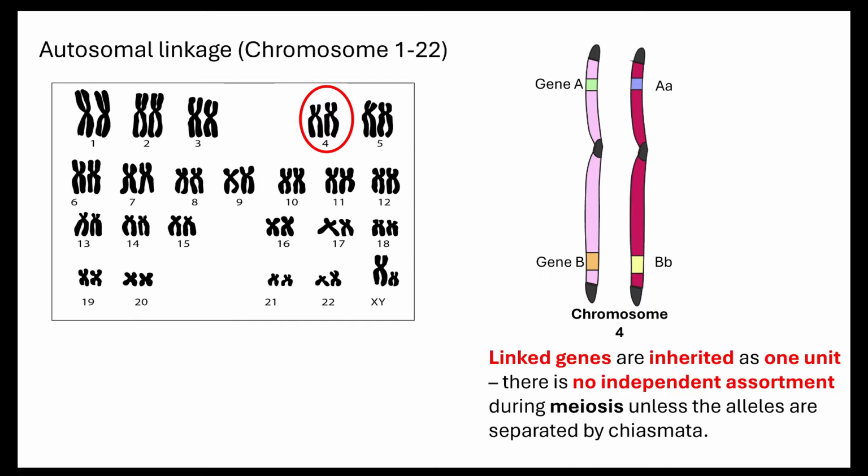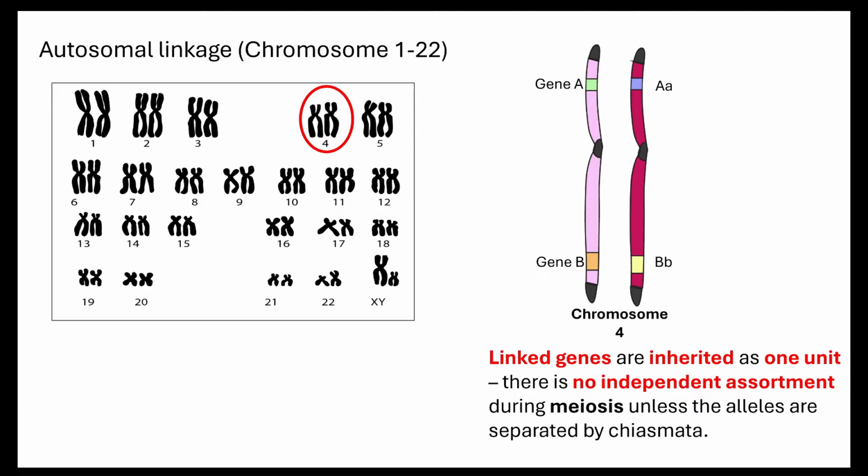When we have what's known as a linked gene, those linked genes are going to be inherited as one unit. So if that's the case, what that means is you would get capital A, capital B, or small a, small b. There is no independent assortment during meiosis.